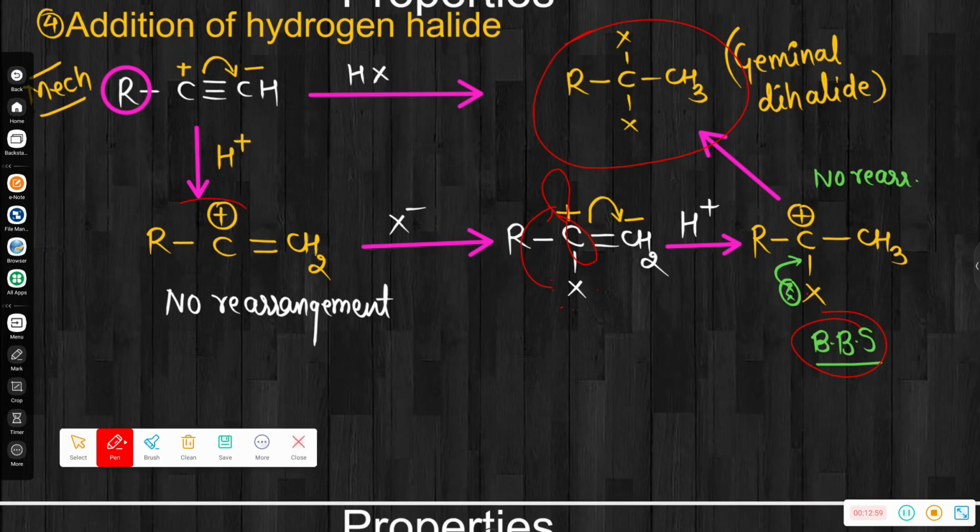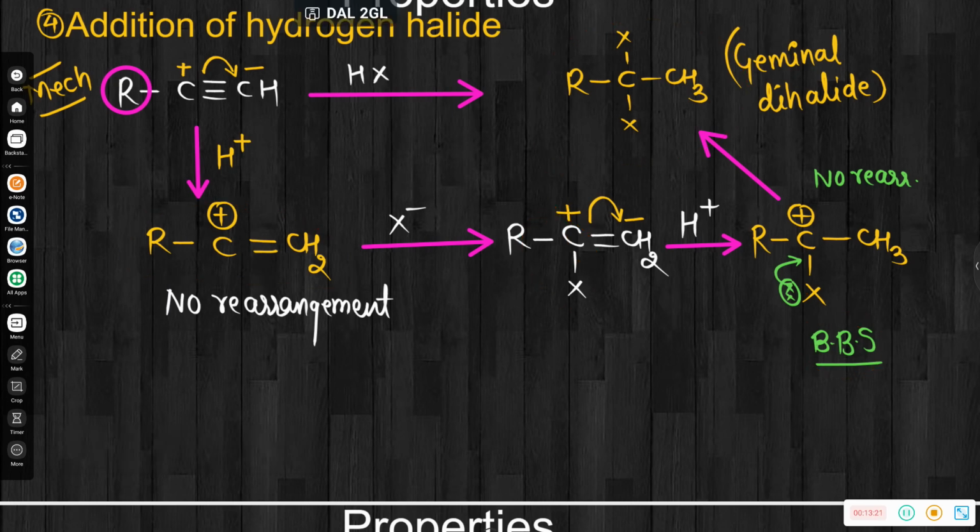First you remember this one. Where H plus is attached, that is the positive carbon, so after that there is no rearrangement here, and we are getting the halogen here. Then no rearrangement because of back bonding, and the other halogen also goes there. But you see, what is Markovnikov addition?